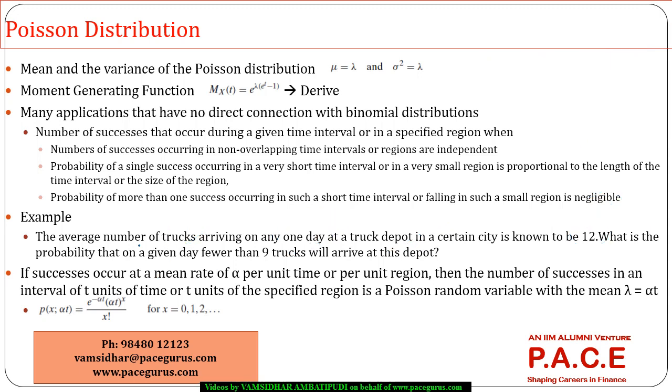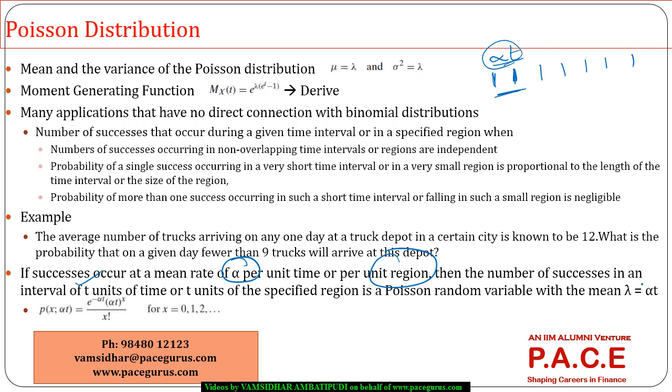Now look at one more. If successes occur at a mean rate of lambda per unit time, or even in a small region, then the number of successes in an interval of t units, when this is 1 unit and the success is occurring at the rate of lambda per unit, and I have so many units like this, becomes lambda t, within t interval or in t specific regions.